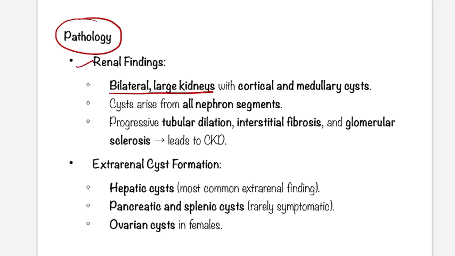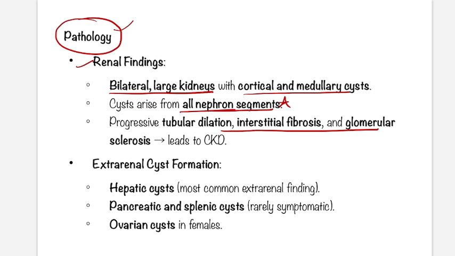So in the pathology of autosomal dominant polycystic kidney disease, bilateral large kidneys with cortical and medullary cysts are seen. Basically, these cysts are large. The cysts arise from all nephron segments. This is very much important. Progressive tubular dilatation and interstitial fibrosis is seen. These are large cysts, and corticomedullary differentiation is lost.